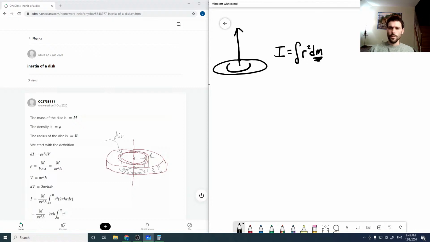So what we do in the disk case is identify some small area. We need to have our mass defined. And so if our mass is its density times its area, where in the case of a disk, that would be rho times pi r squared, where r is its outer radius.